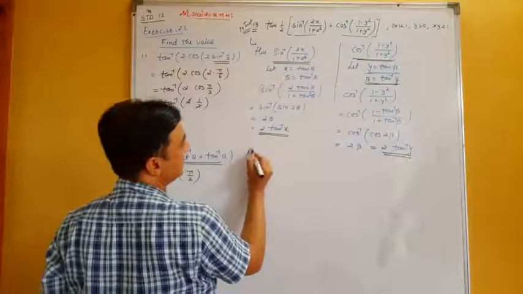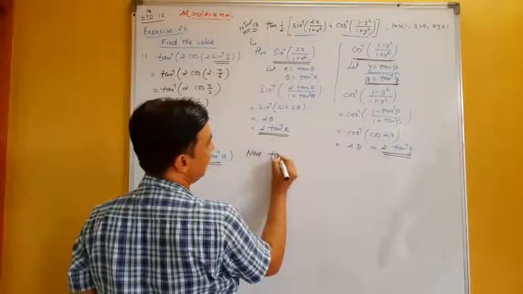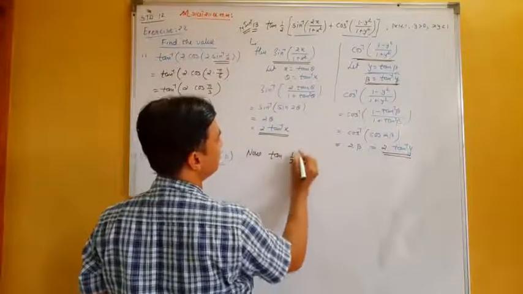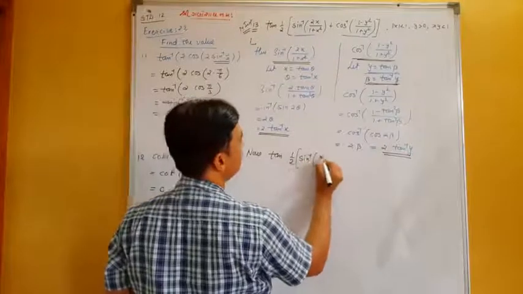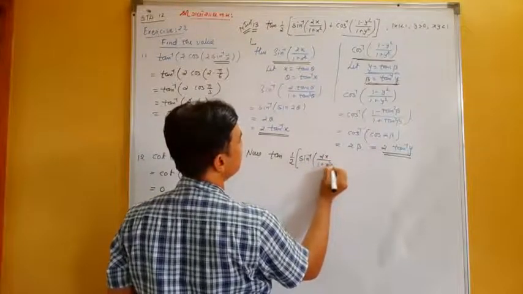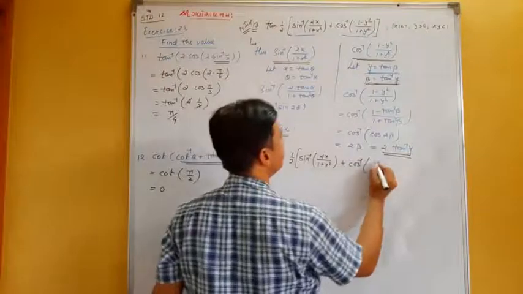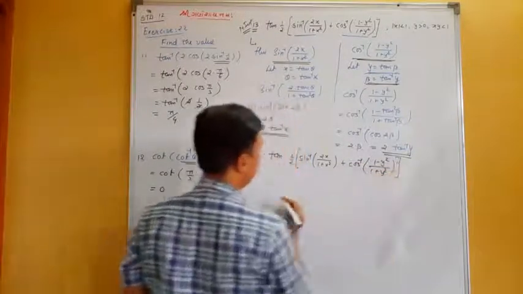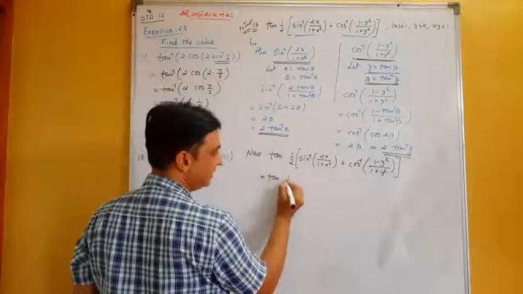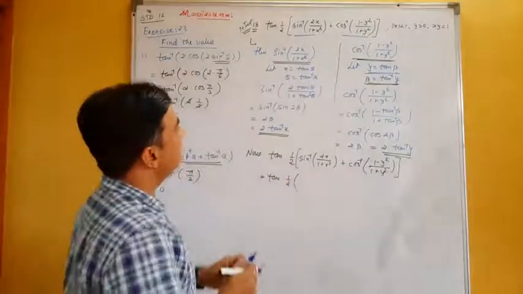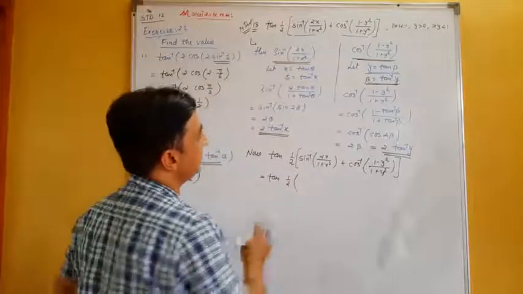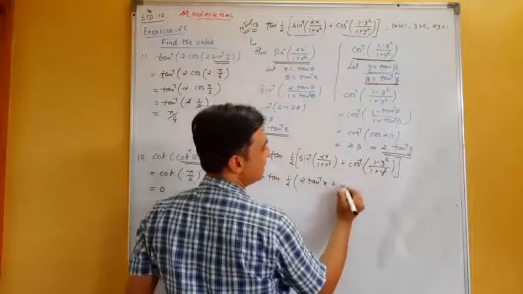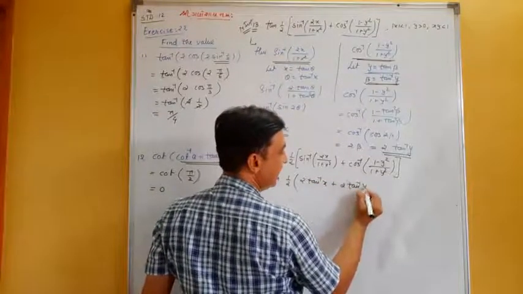Now our question: tan 1 by 2 of sin inverse 2x upon 1 plus x square plus cos inverse 1 minus y square upon 1 plus y square. The first term is 2 tan inverse x, plus the second is 2 tan inverse y.